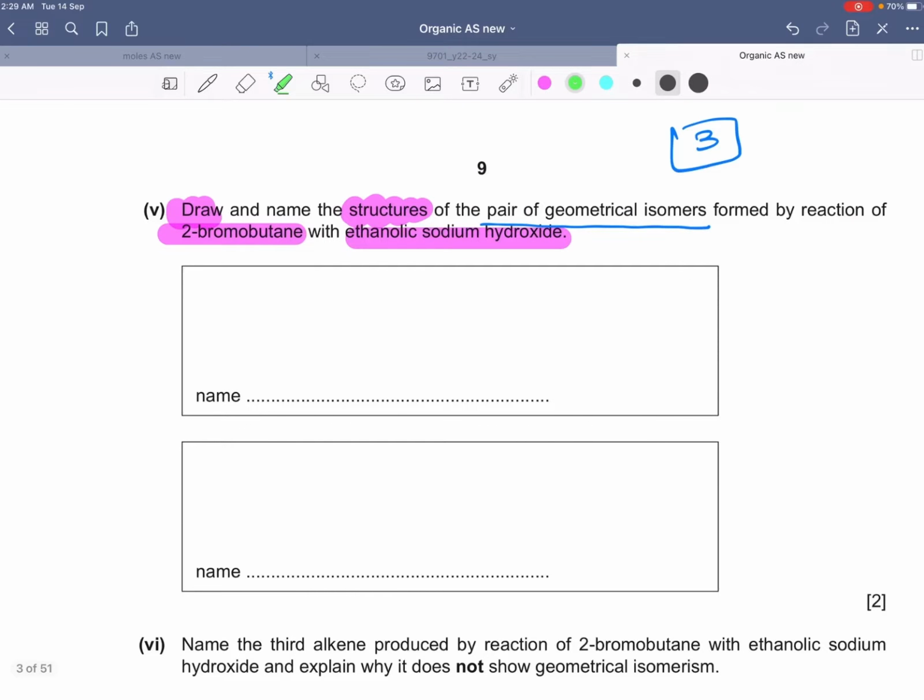Now, draw and name the structures of the pair of geometrical isomers formed by the reaction of 2-bromobutane with ethanolic sodium hydroxide. So we already have drawn the structures. You can just simply draw them here.